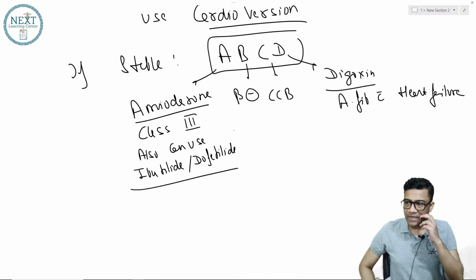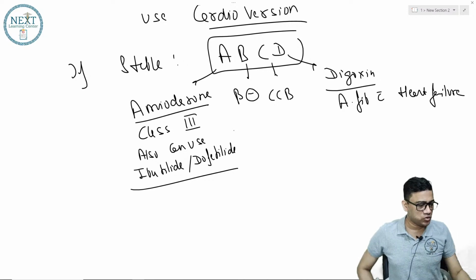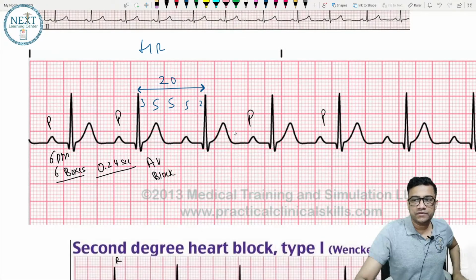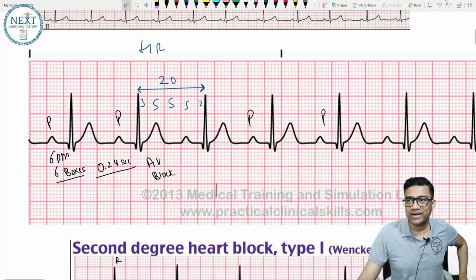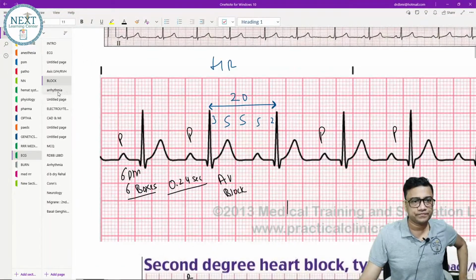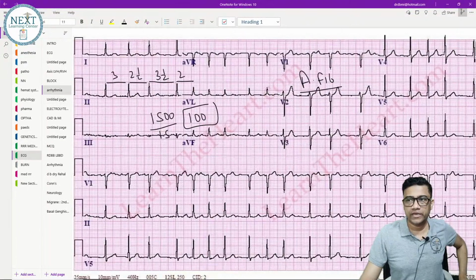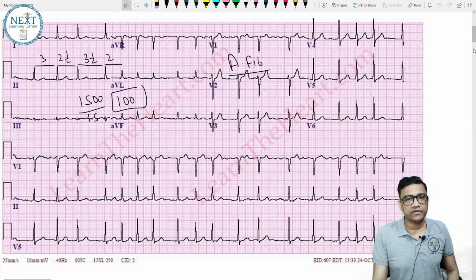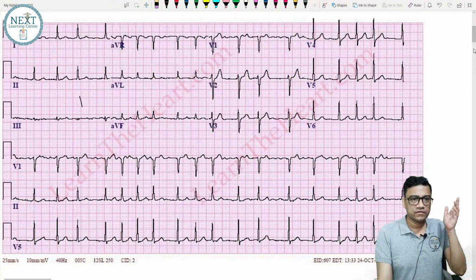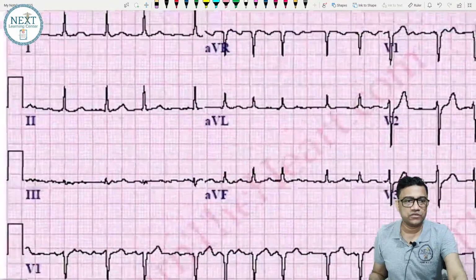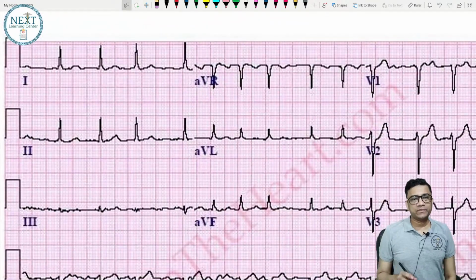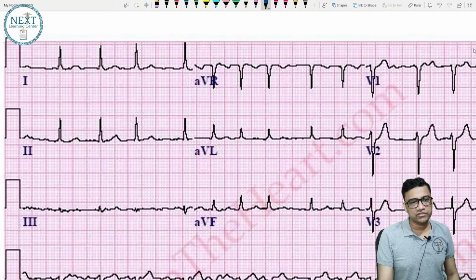So have you understood this? Let me show you the ECGs. Let's have a look at them. First question, look at this. Look at the main thing. P wave is not there. This is the T wave. There is no P wave.